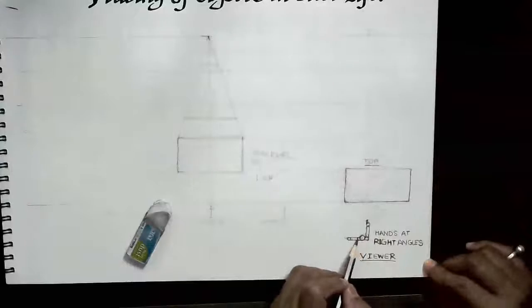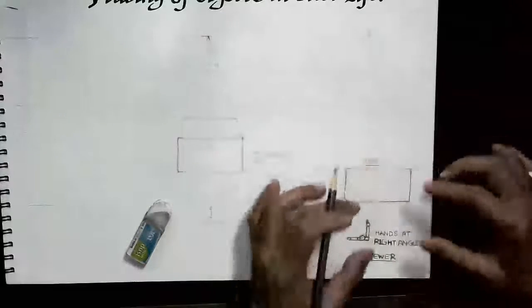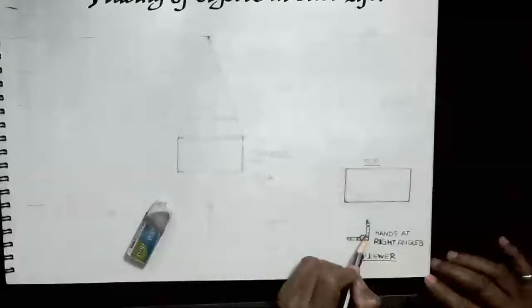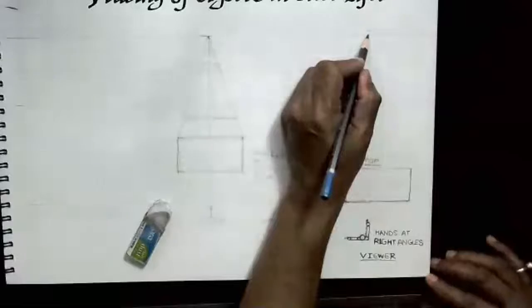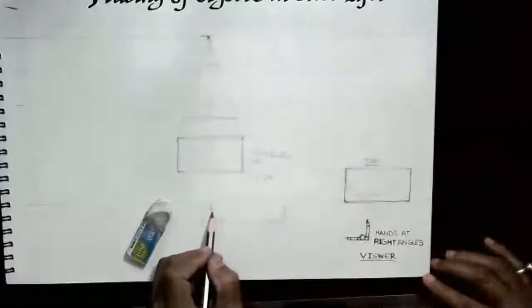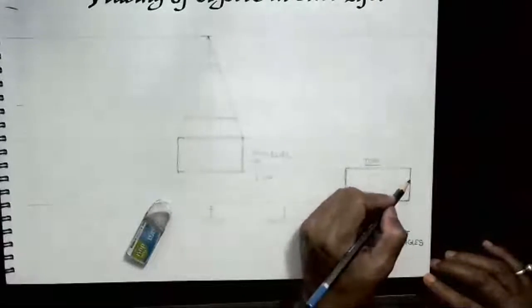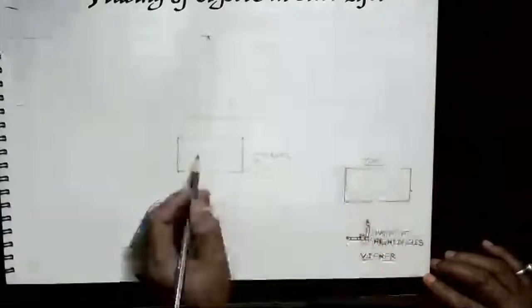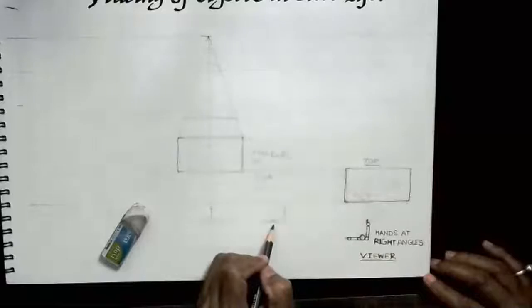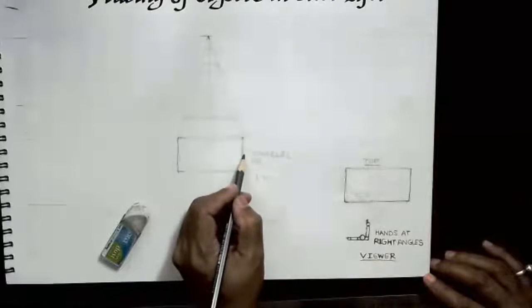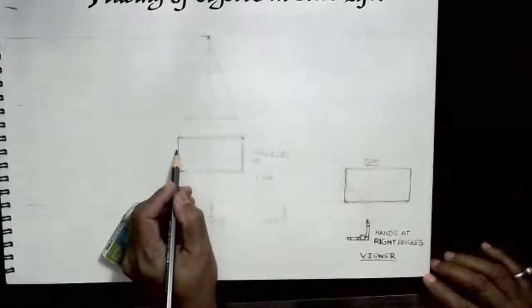Basically it is this structure, which goes and lies on this vanishing point. That is why you are not able to see the sides of this when you are at the center. But suppose you shift here, you'll find you are seeing this side here, but not this side.